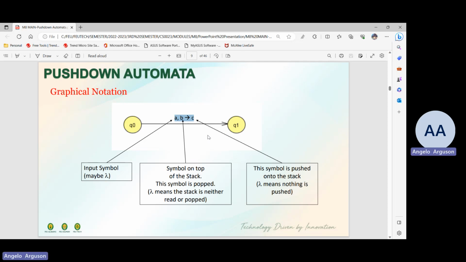Only then can we move to the Q1 state, which is represented by the description below.